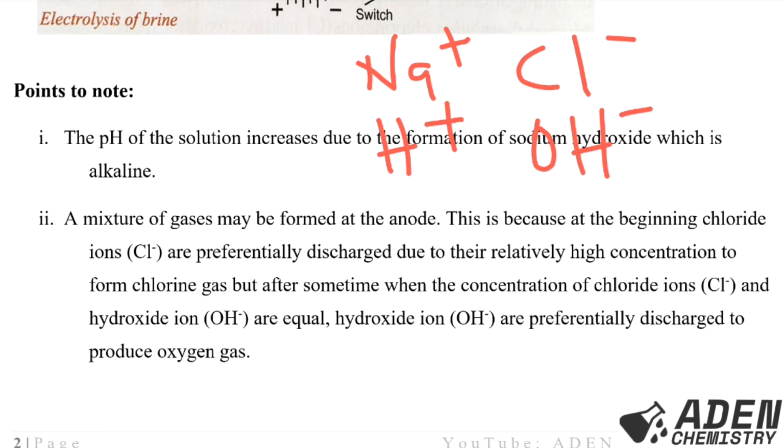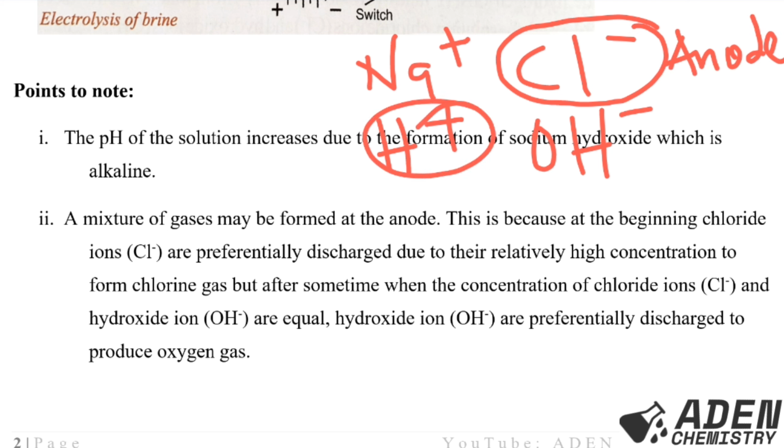So remember, we said chloride ions are discharged at the anode, while hydrogen ions are discharged at the cathode. So what will remain in the electrolytic cell will be sodium ions and hydroxyl ions. When sodium combines with hydroxyl ions, we form sodium hydroxide, which is an alkaline solution. Therefore, the pH of the solution will increase, because initially it was neutral, now it becomes a basic solution.